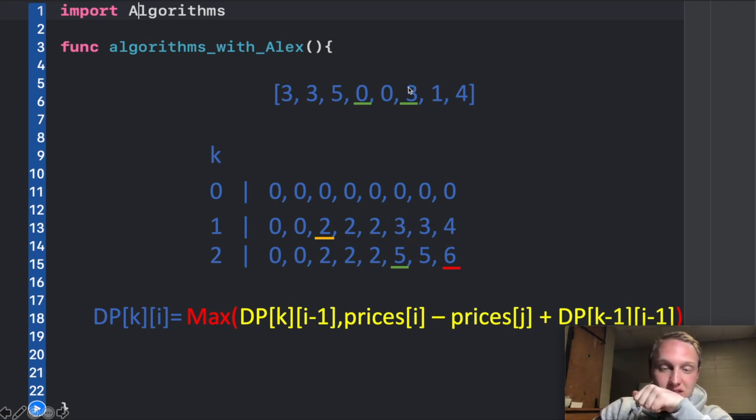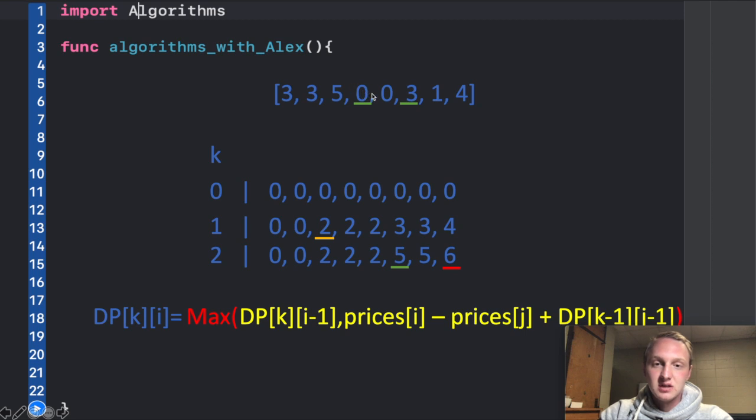We would get some value where we would buy the stock, which is going to symbolize prices J. We have prices I, which is 3, prices J, which is 0, and we'll look at our previous dynamic programming solution, which is 1 transaction less, and the day before we buy our stock.